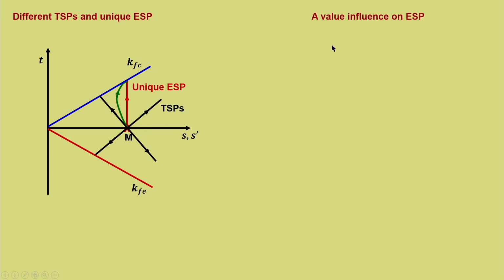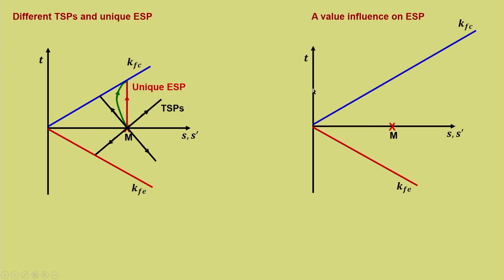So, the A value's influence on ESP, how A is going to change the ESP. So, this is the TSS dash plot, the starting point M. This is the TSP for a typical case of compression and extension. Now, if A is equal to 0.5 in TSS dash, we know that the slope is infinity, so it moves in the vertical direction. Now, for A equal to minus 0.15, that refers to a heavily over consolidated soil.